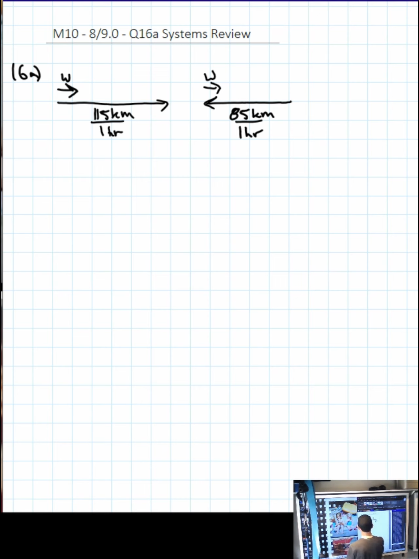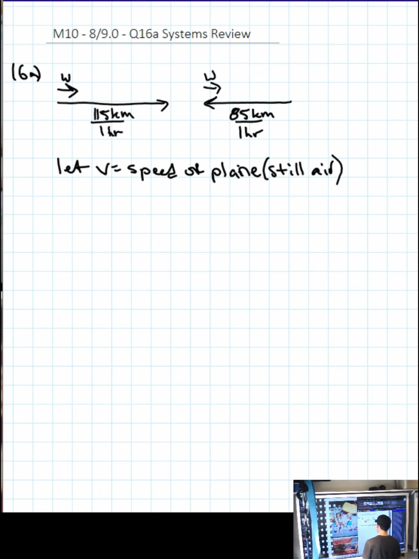So let's declare a variable. So let v equal speed of plane in still air. So we don't use s because it looks like a 5. V is for velocity, but v equals speed. So now when we're going with the wind, our speed is going to be the velocity of our plane in still air plus the wind speed.